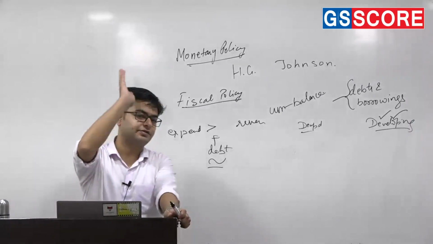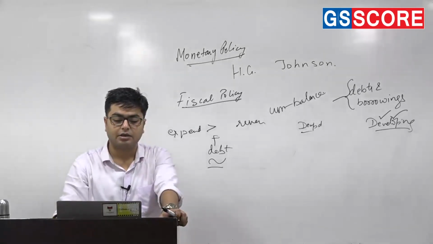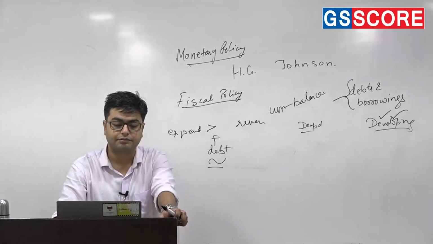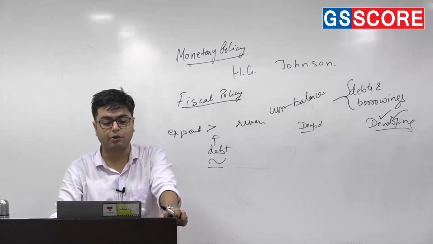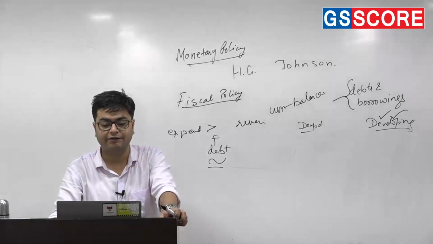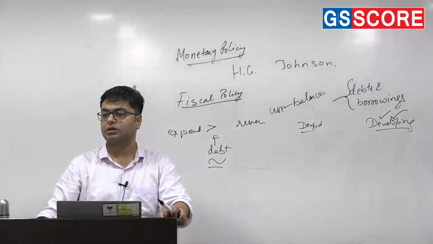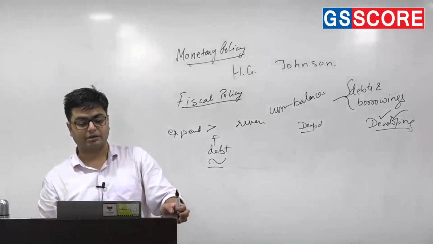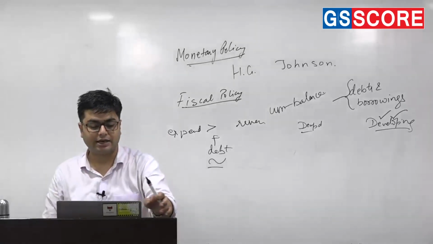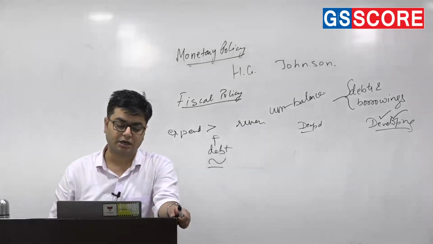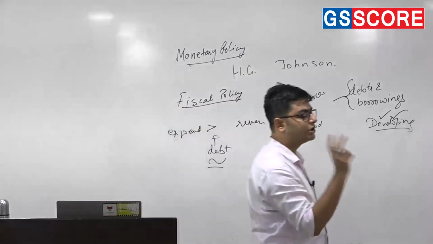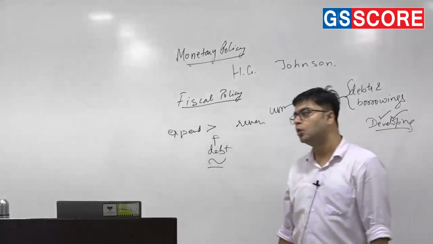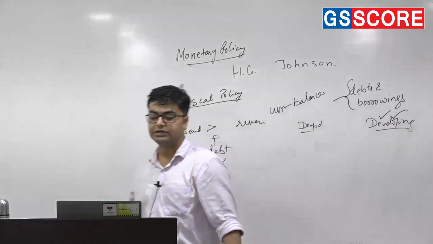Also, how the economics works: aggregate demand, aggregate supply. So if the demand is going to be more than the supply, it's going to be inflationary. So the government can withdraw the money to curb the aggregate demand and in turn curb the inflation. So debt is also used as a tool to control inflation.